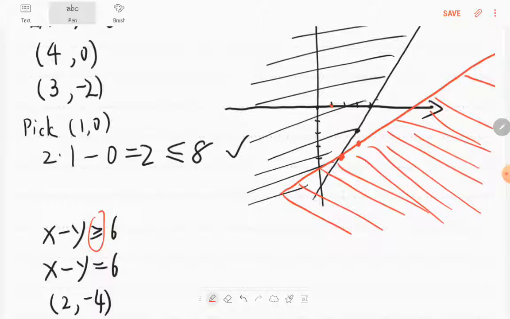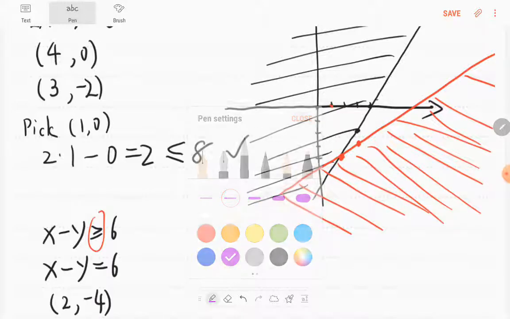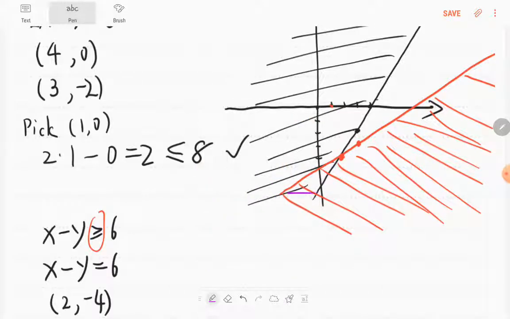But what is the common part from this graph? I use the purple color. So the common part would be here, right? This line and this line. This would be the common part. So this is the solution region, and there is a point here.